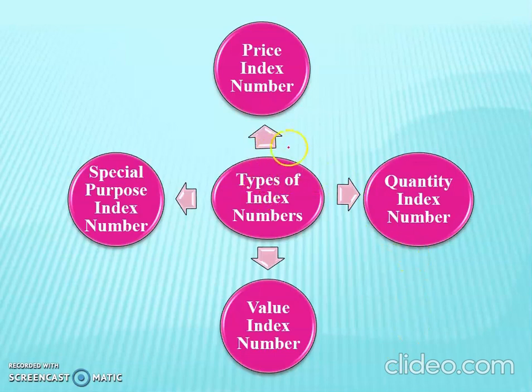See, there are 4 types of index number. First, price index number. Second, quantity index number. Third, value index number. And fourth, special purpose index number.